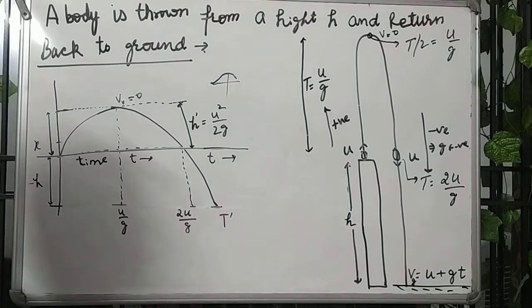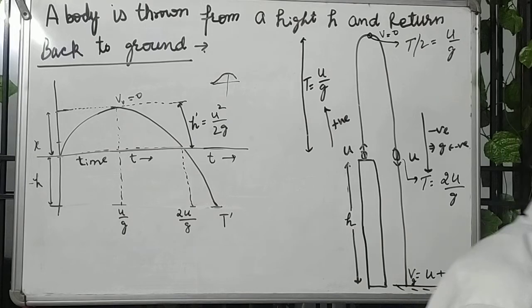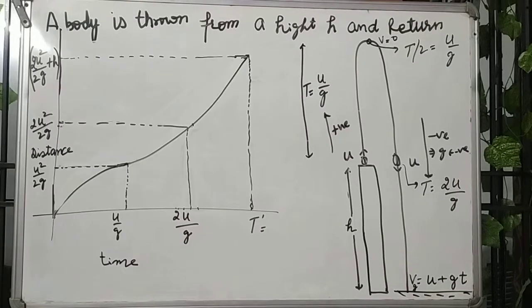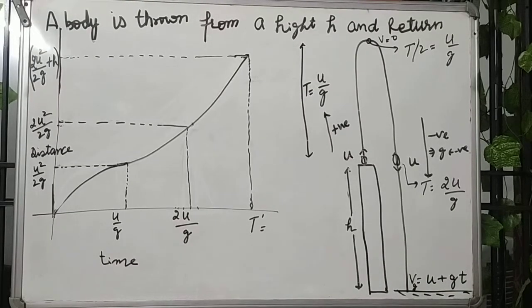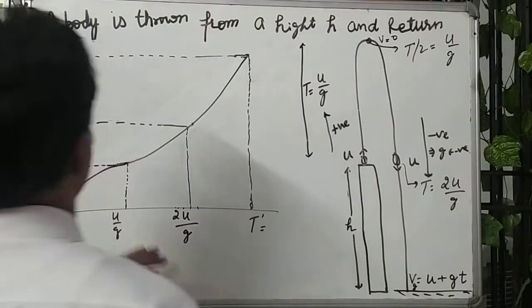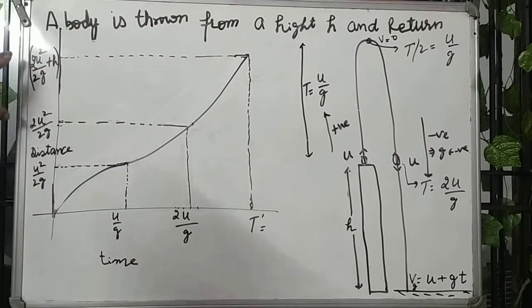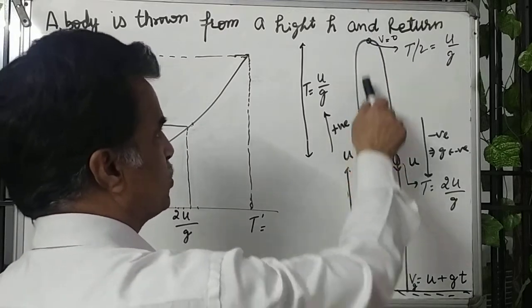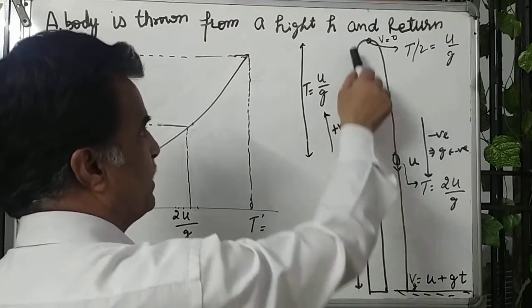Now we'll study the graph of distance versus time and speed versus time. Hello students, in this we are going to study the graph of distance versus time. In this question, a body is thrown upward and reaches this point, so it is retarding.